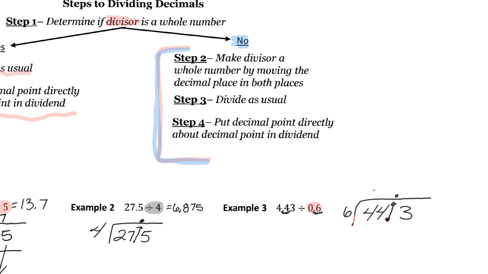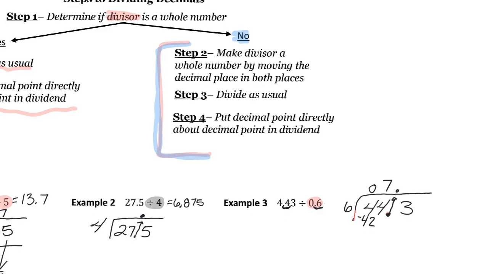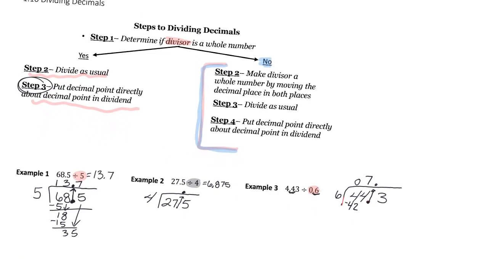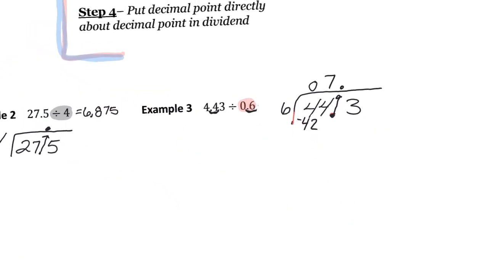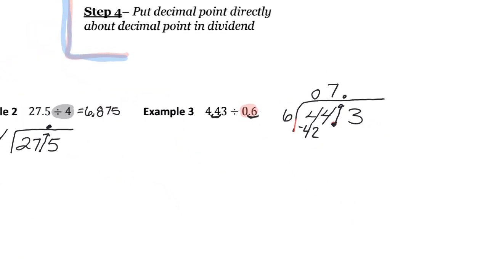So 6 goes into 4 0 times, but it does go into 44 7 times, which is 42. I'm going to zoom in a little bit because I'm running out of room here. Okay, so this is 2, bring down the 3. 6 goes into 23 3 times, which is 18. We have a leftover of 5.